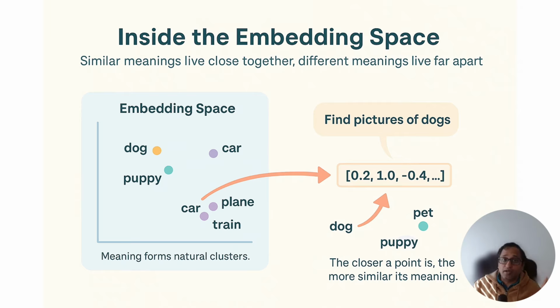Words like car or train sit far away because they mean something different. The model uses this geometry to measure similarity. So when you search for cute puppy, it finds embeddings that are closest in meaning to that phrase. That's why we say embeddings capture semantics. They transform meaning into geometry.